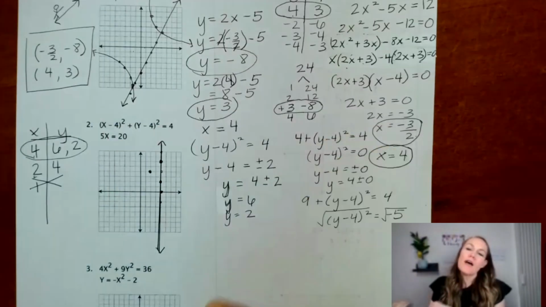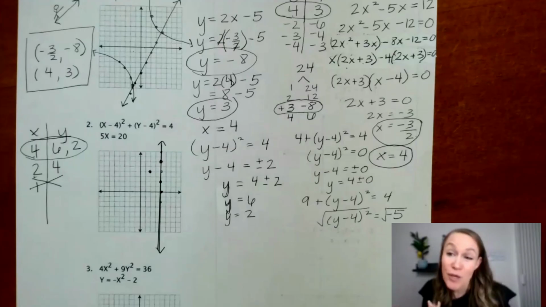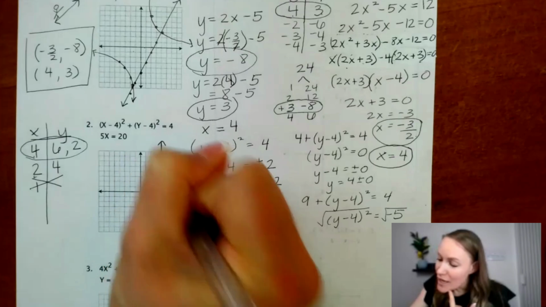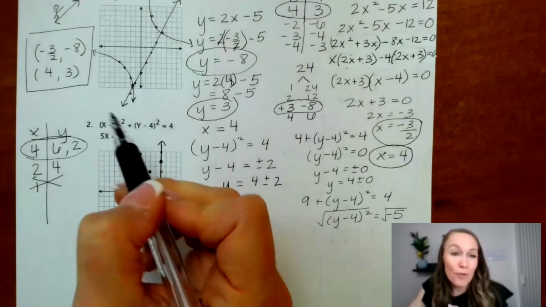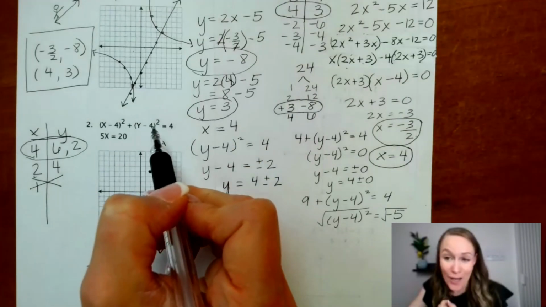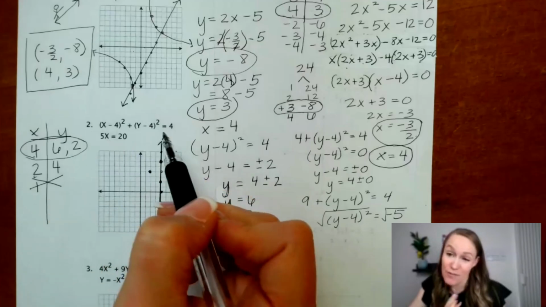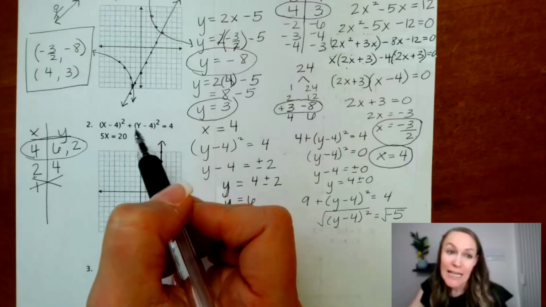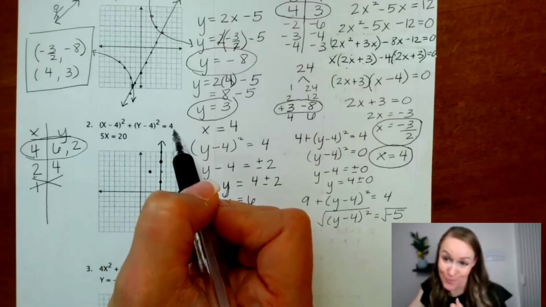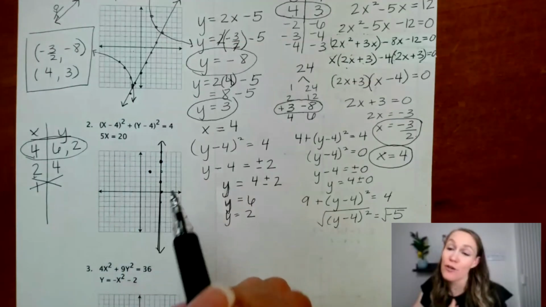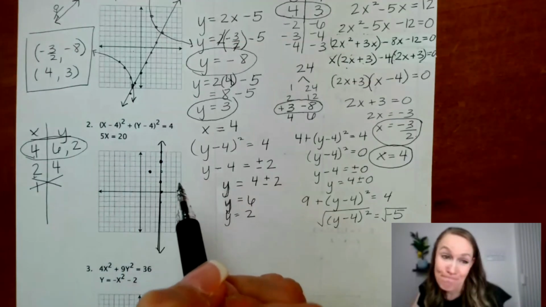Okay. A lot of these graphs that we've been doing are mirror images. If you notice that both the x and the y are squared, you should notice that this is the equation of a circle and the diameter is 2. So knowing that, where would you pick for your x value to be next?